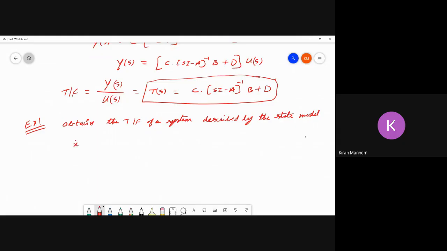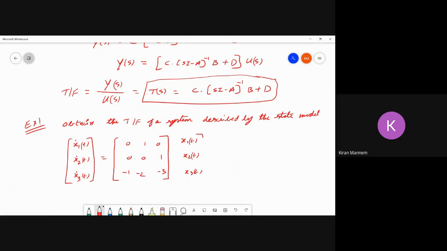That is x dot 1 of t, x dot 2 of t, x dot 3 of t is equal to the matrix 0, 1, 0; 0, 0, 1; -1, -2, -3, into x1 of t, x2 of t, x3 of t, plus the matrix 0, 0; 1, 0; 0, 1 into the two forcing functions, u1 of t and u2 of t.